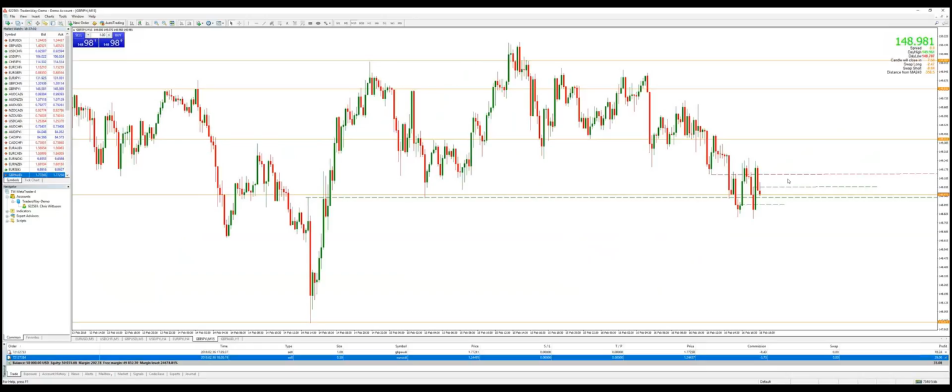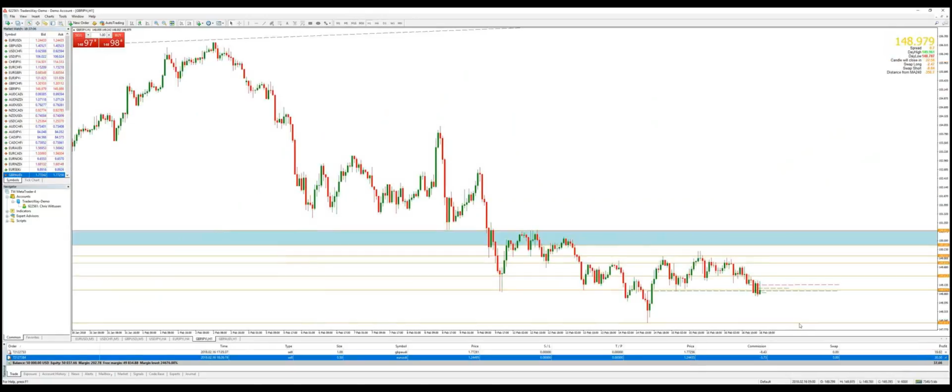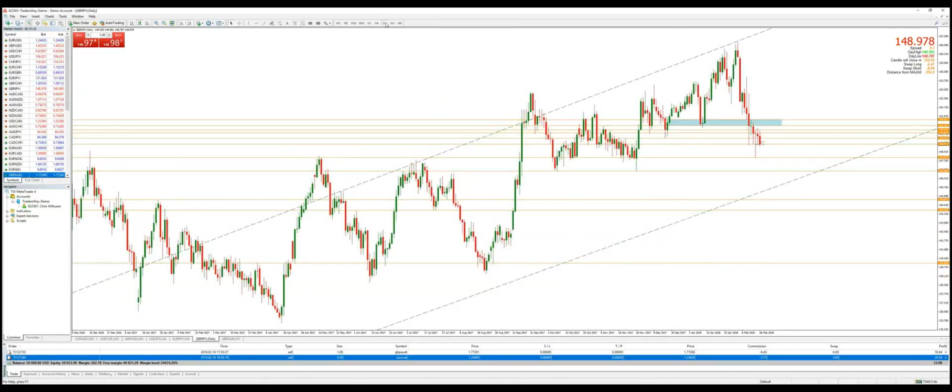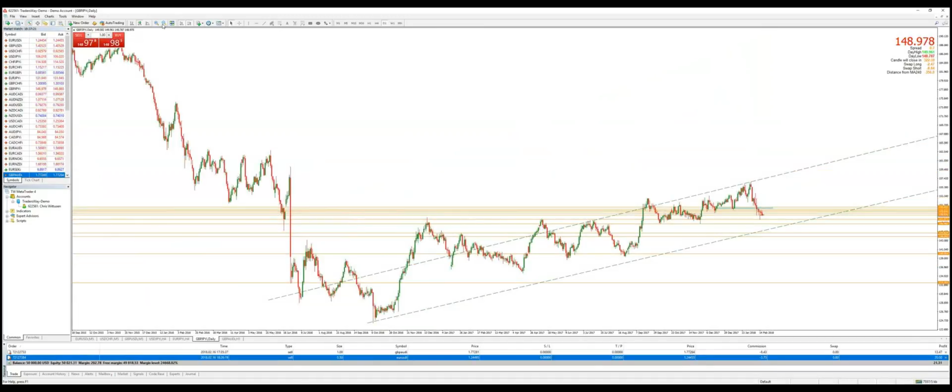So if we go down here, where it's sitting right now, it should start. Well, we'll look at the channel here. We still have a ways to go to the bottom of this, but let's zoom out and see if this channel is really good.